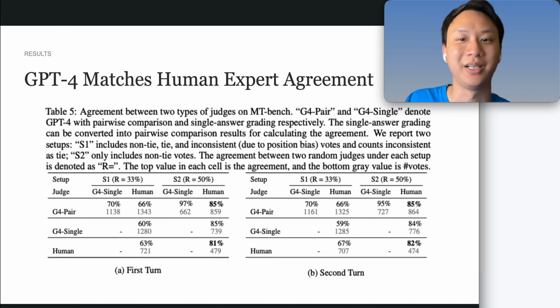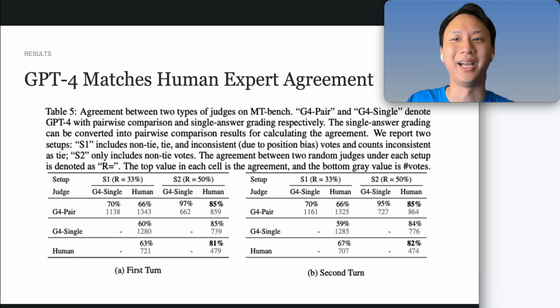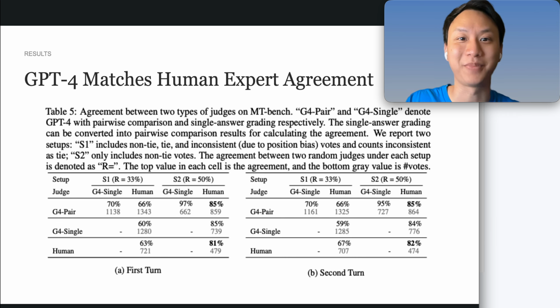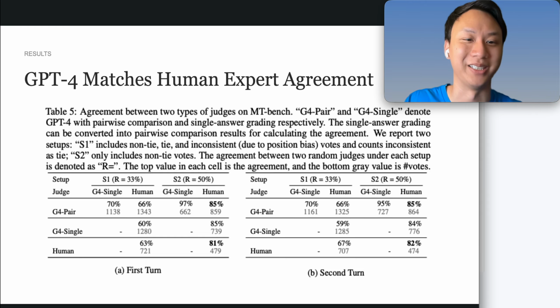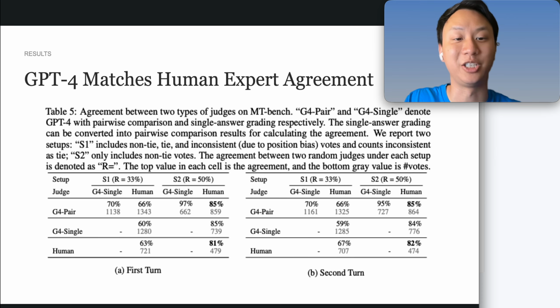But sometimes the two responses are very close in terms of quality, and sometimes you can pick one over the other, but if you're given a chance to pick again and the ordering of these responses is switched, you might pick the other one, right? So if you include the very close-call answers, you find that the human judge and the GPT-4 judge are still very close.